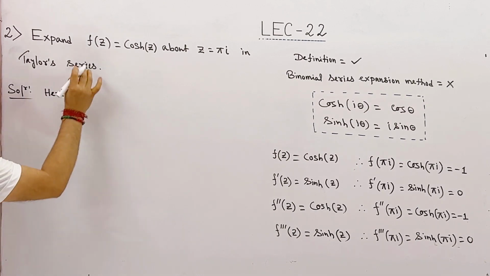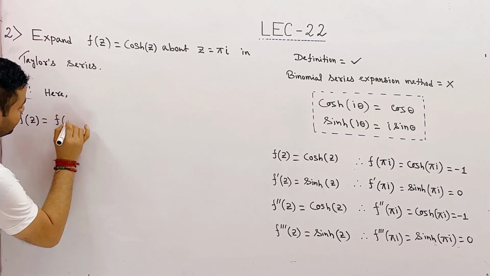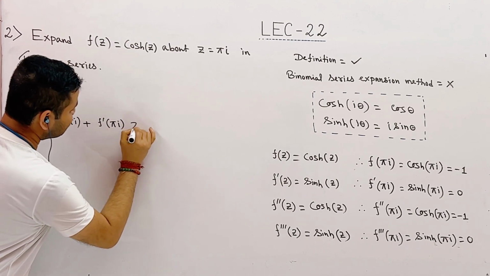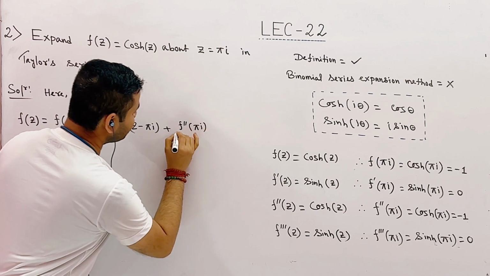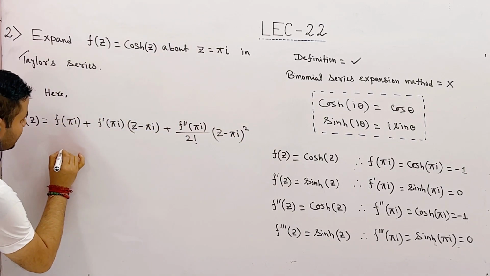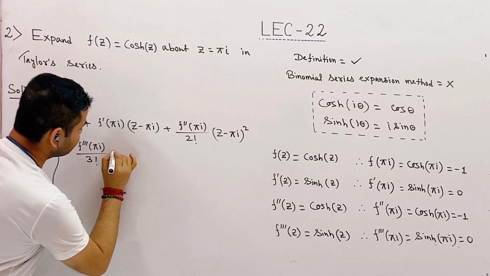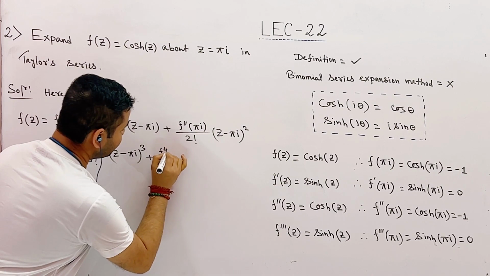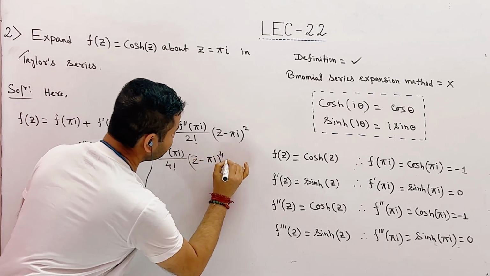Here we can expand this function f of z about z equal to pi iota in this way: f of pi iota plus f prime pi iota into z minus pi iota plus f double prime pi iota divided by 2 factorial into z minus pi iota whole square plus f triple prime pi iota divided by 3 factorial z minus pi iota whole cube plus f to the power 4 pi iota divided by 4 factorial into z minus pi iota whole to the power 4 plus dot dot dot.